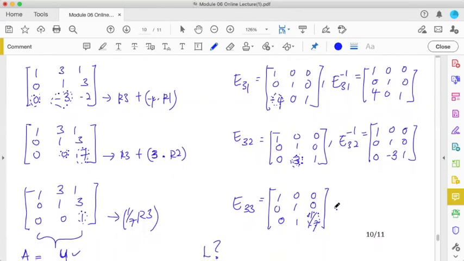And finally, for E33, if we take the inverse, only the entry located at position 33 changes from 1/7 to become 7. The rest of these coefficients remain the same. So you can see the pattern here.